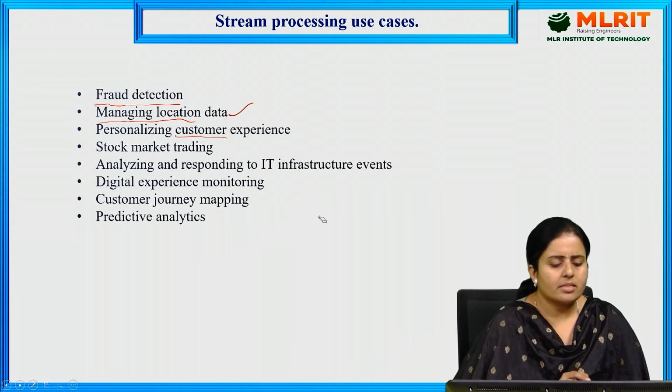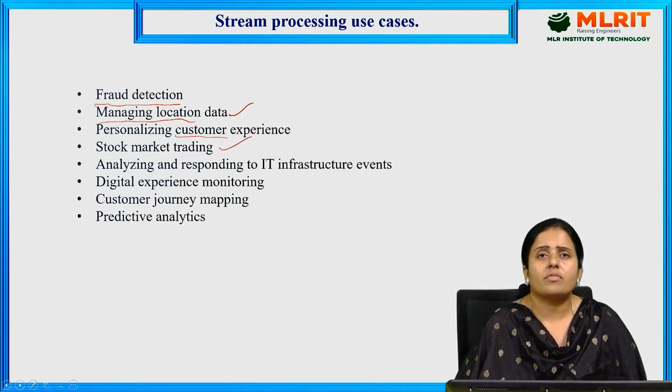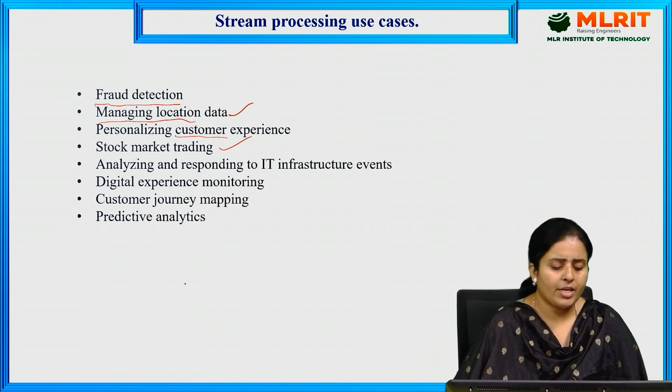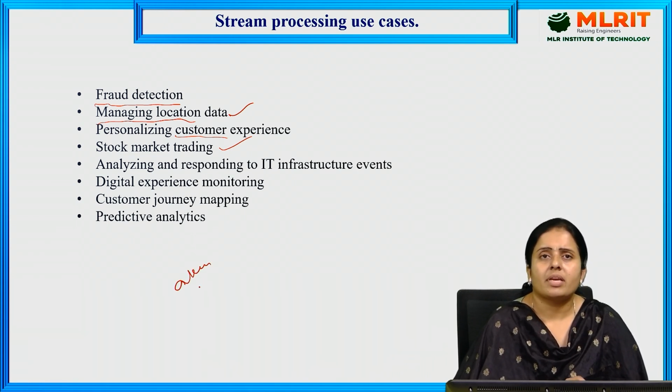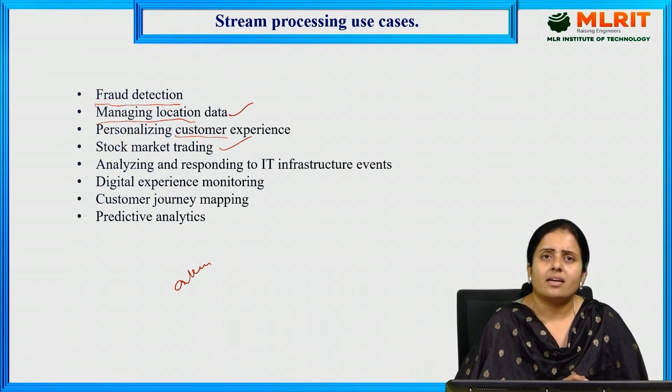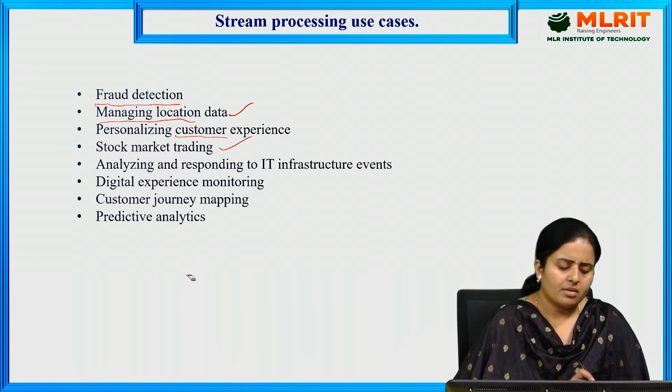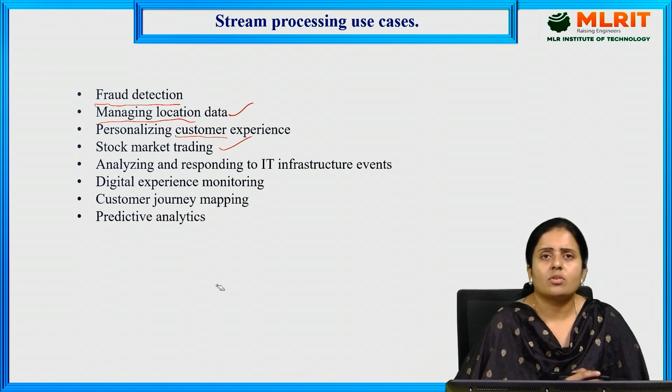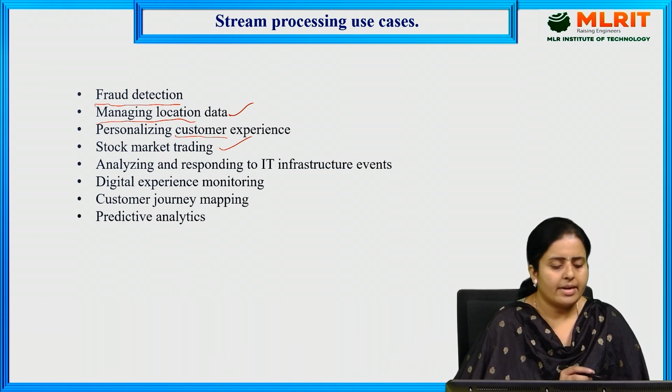Next, stock market trading. As all of you know, the stock market plays a key role in the Indian economy. We can collect continuous data, predict the stock rates, and immediately get insights based on the running data.